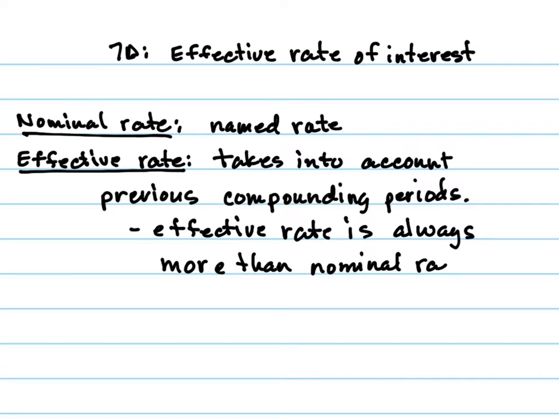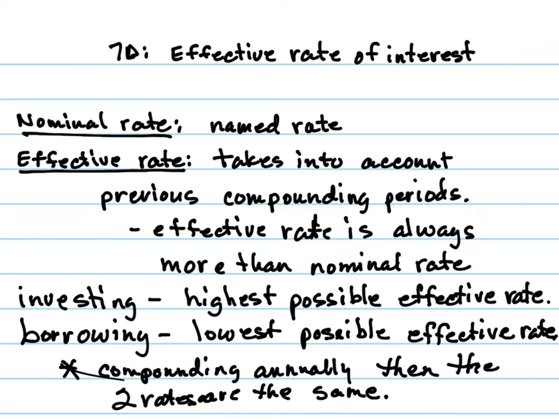And again, the reason for that is because you've already earned some interest, and they're charging you interest on that little amount of interest that you've earned or been charged. Okay? All right. So when you're investing, you want the highest possible effective rate. When you're borrowing, you want the lowest possible effective rate. And when you're compounding annually, then the two rates are always the same.